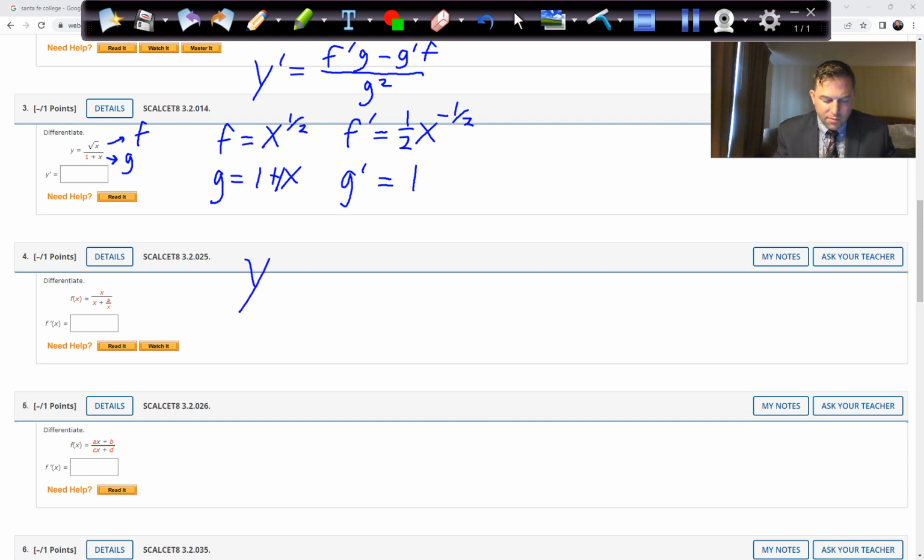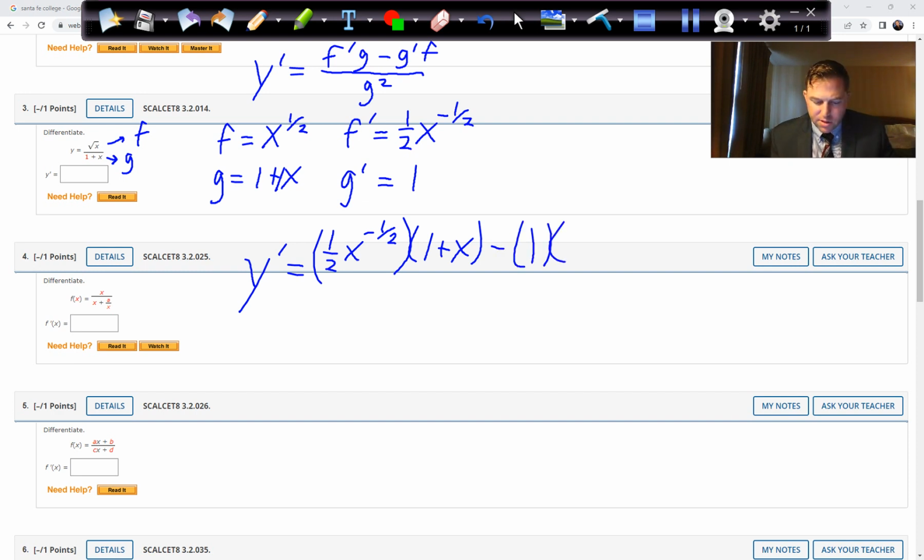Okay, now we plug all 4 of these things into this formula up on top. f prime, which is 1/2 x to the minus 1/2, times g, which was 1 plus x, minus g prime, which is just 1, times the original f, which is x to the 1/2. And it's all over 1 plus x squared.